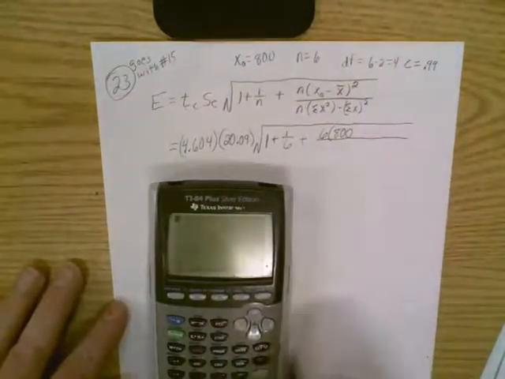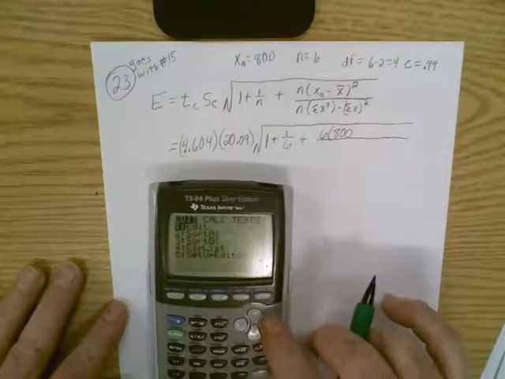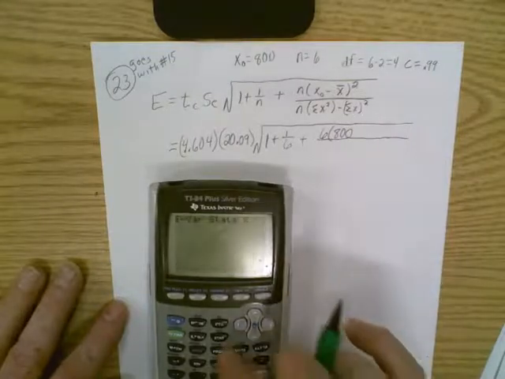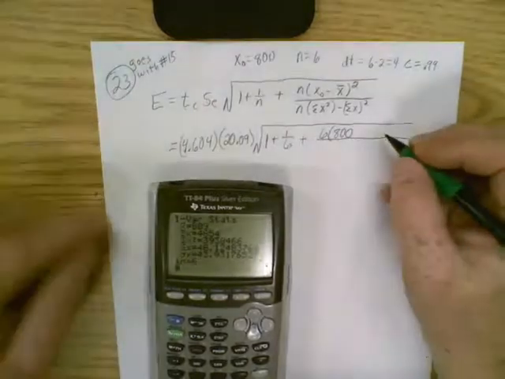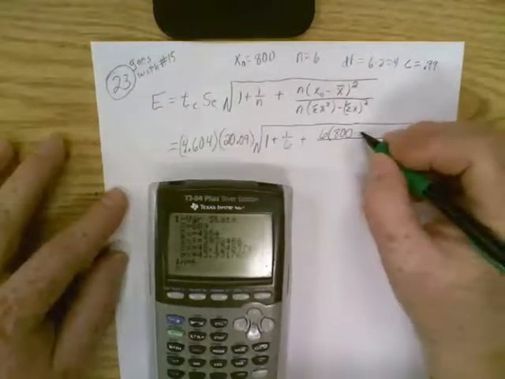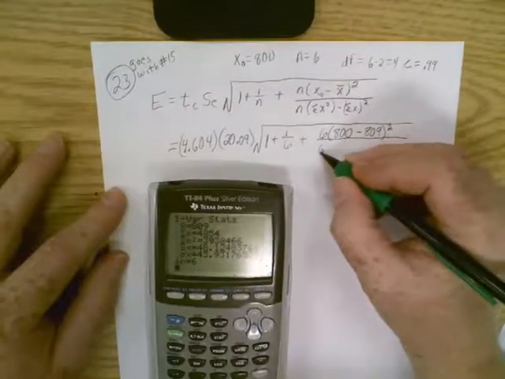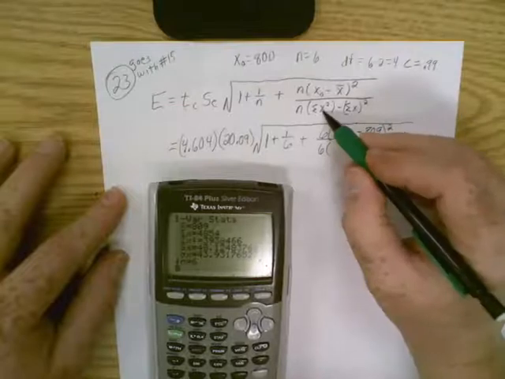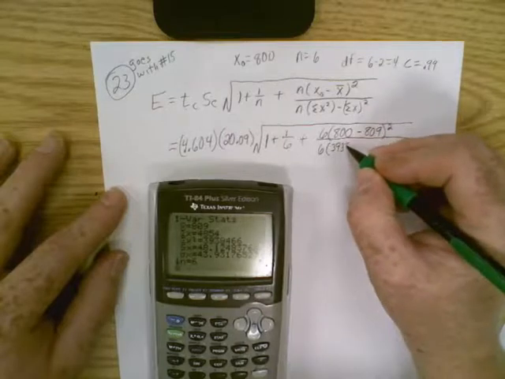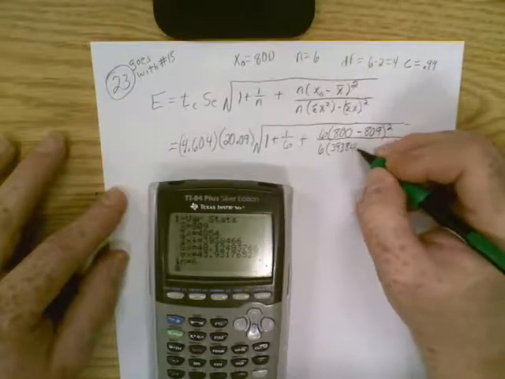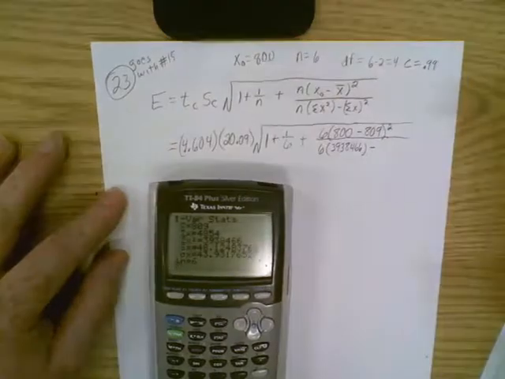So I know that my x's for number 15 were in list 1, so I'm going to hit stat, calculate 1-var stats, and it was in list 1, so I just put in list 1, and I have this. X bar is 809, so minus 809 right here. Squared, n is 6, times the sum of the x squareds, which is right here, 393,846, minus, here's where you got to sort of be careful.